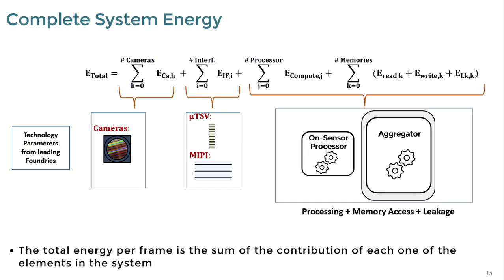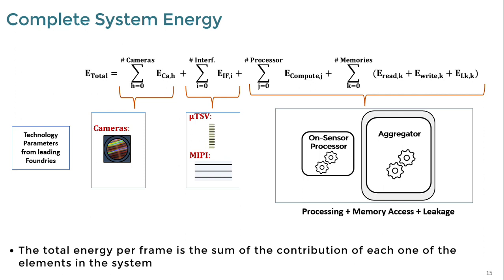So how are we going to calculate the total energy? Well, we calculate the total energy per frame by adding the contribution of each one of the elements. We add the contribution of each one of the cameras, each one of the interfaces, and of course, each one of the processors and each one of the memories.